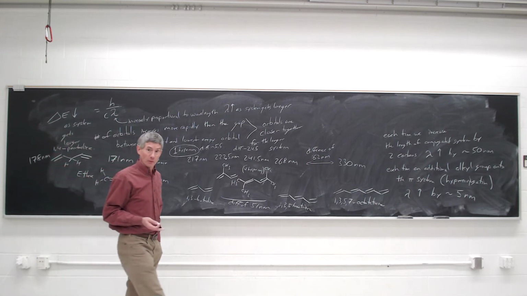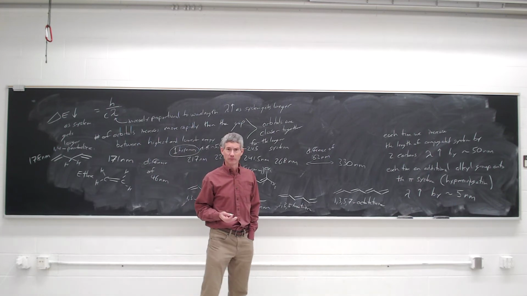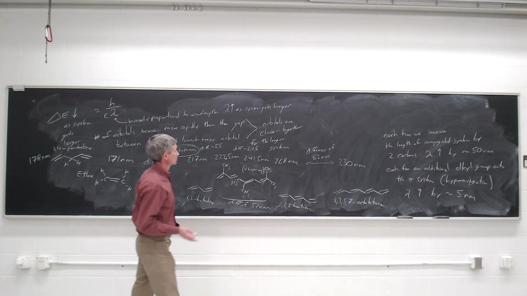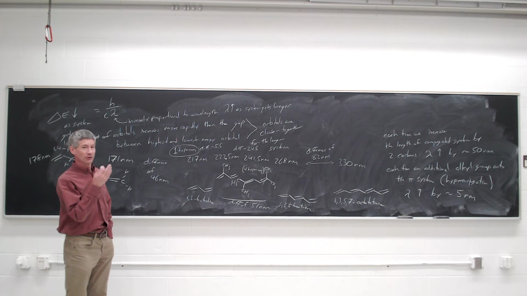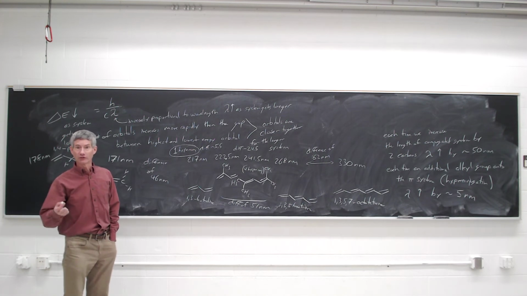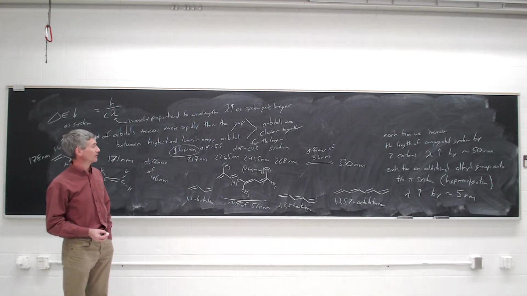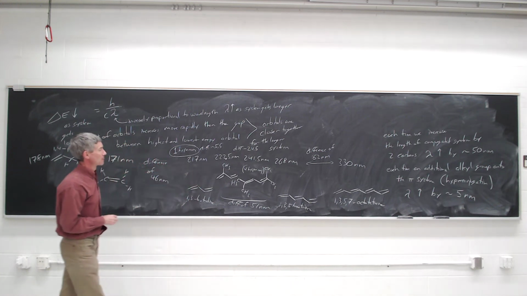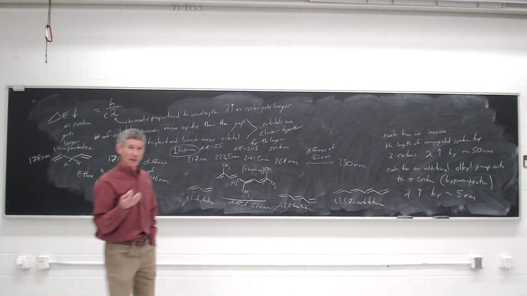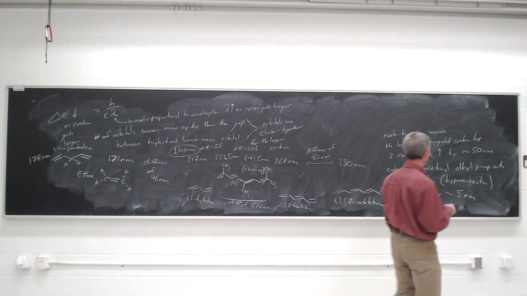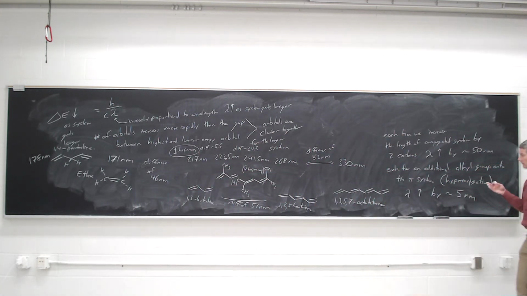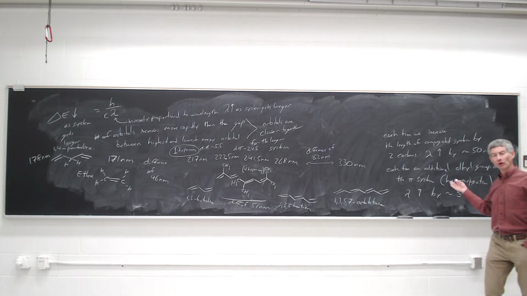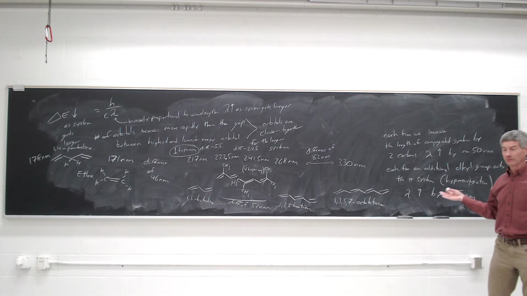Hyperconjugation is a pi orbital phenomenon, just like conjugation, because it's sigma electrons from an adjacent carbon-hydrogen or carbon-carbon bond donating into the pi system to stabilize the pi system. So that's a smaller effect, right?